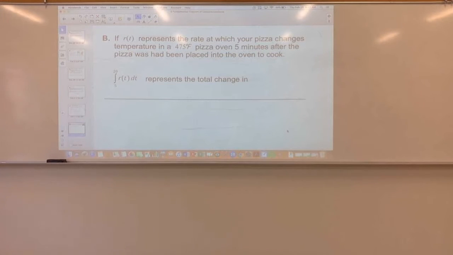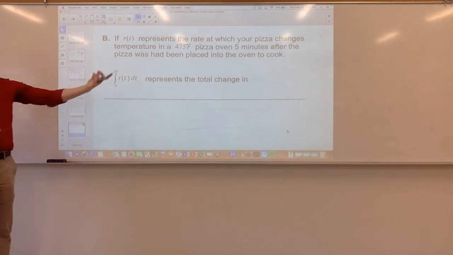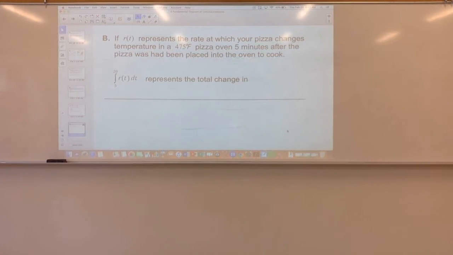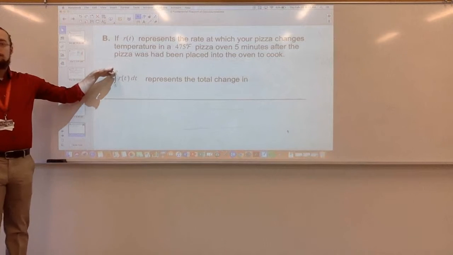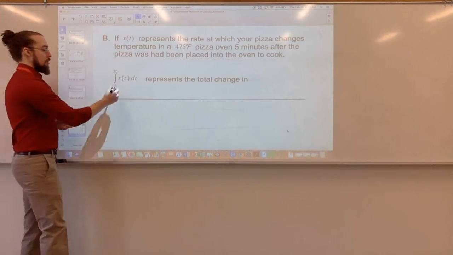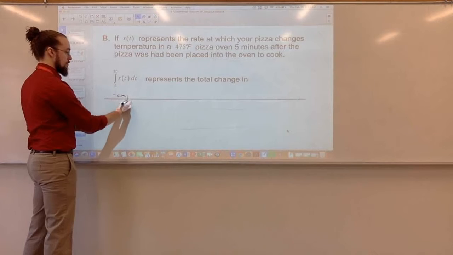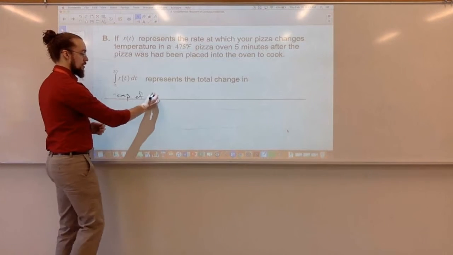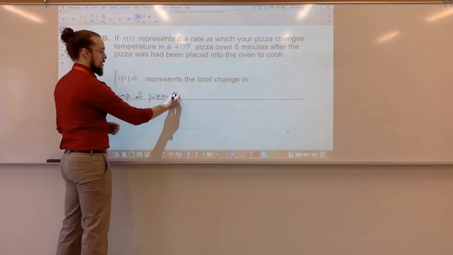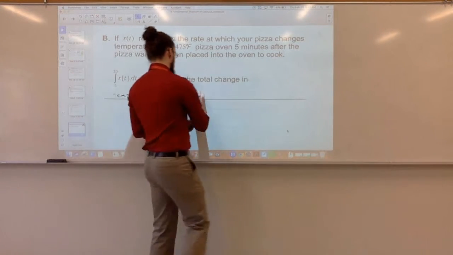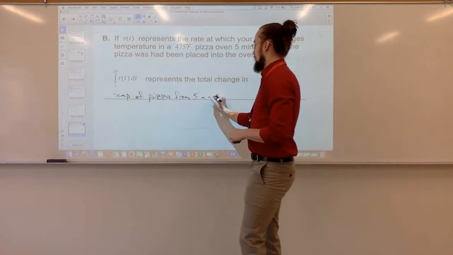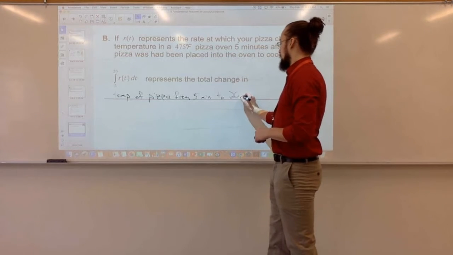So how could I interpret this integral? The integral from 5 to 20 of r of t dt represents the total change in what? Temperature of the pizza from 5 minutes to 20 minutes.